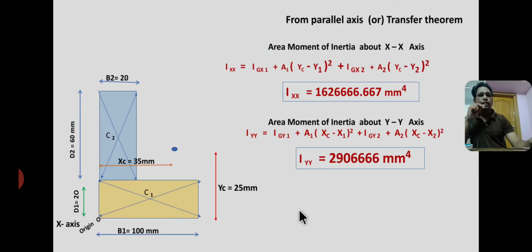So xc, yc are the coordinates of the centroid. Here this diagram shows the location of the centroid. This is the x-axis, this is the y-axis.